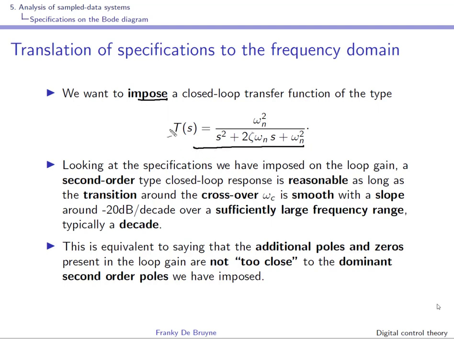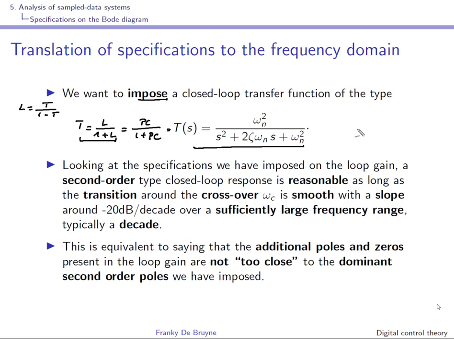Remember that the complementary sensitivity function is linked to the loop gain L by the relation T = L over 1 plus L. So now, from this closed loop transfer function, we would like to construct L. L is constructed from T by inverting this relation, and this will produce T over 1 minus T.